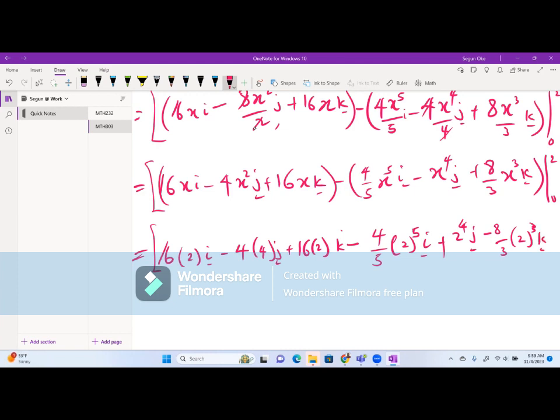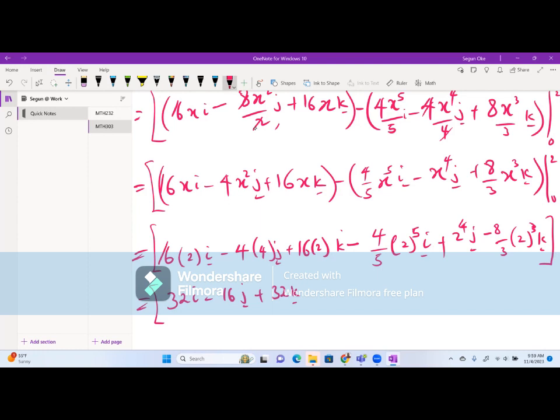Let all the i go to i, j goes to j, k goes to k. So it's very simple. Let's simplify further. This is 32i minus 16j plus 32k. Don't deduct them. You can't say minus this one. It's only i to i, j to j, k to k.